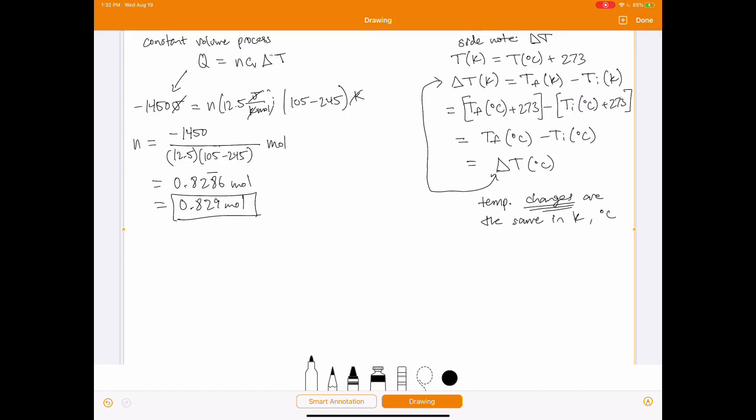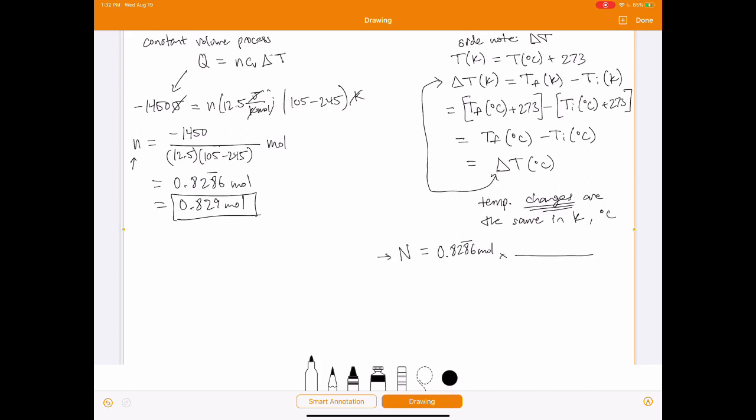But if we want to convert that to a number of particles, which would be capital N, we use lowercase n for the number of moles, and we use capital N for the number of particles. This is basically a unit conversion. We have 0.8286 mole.